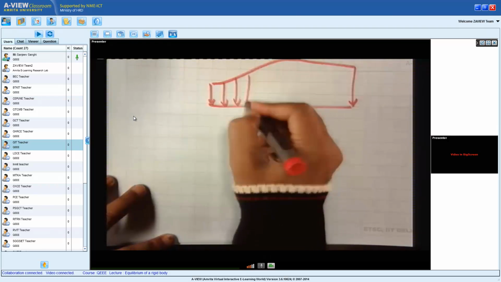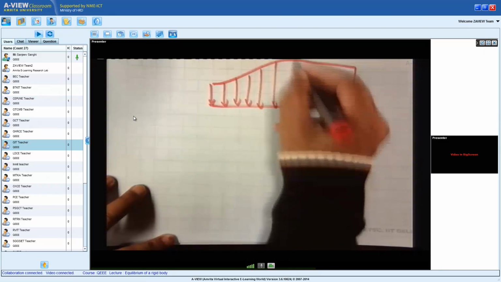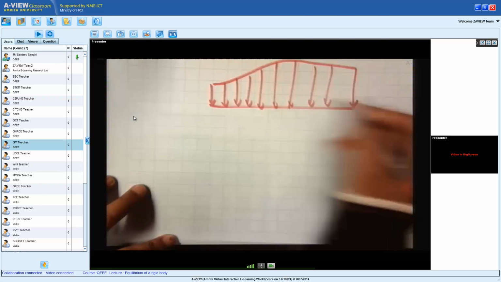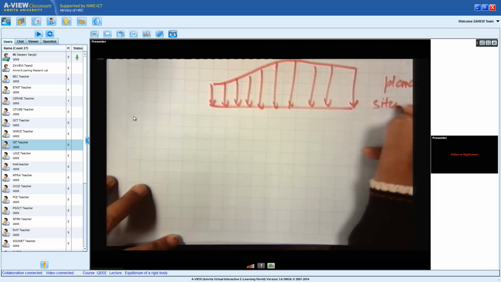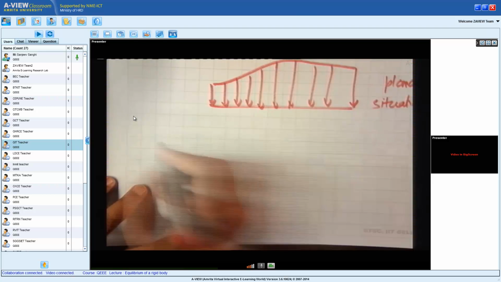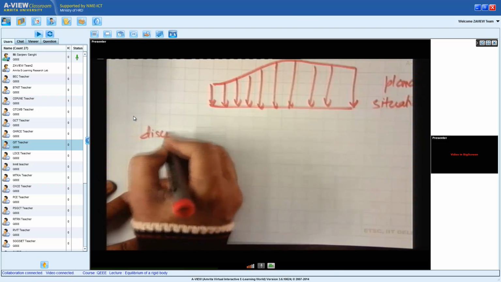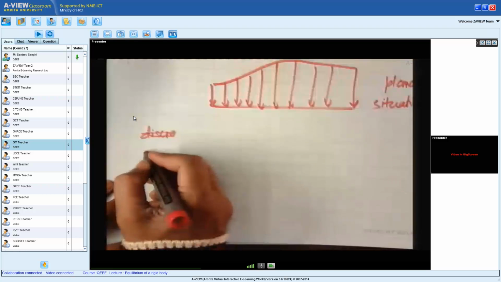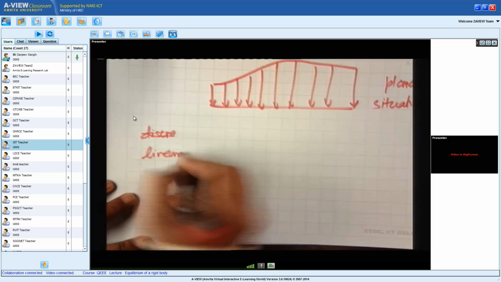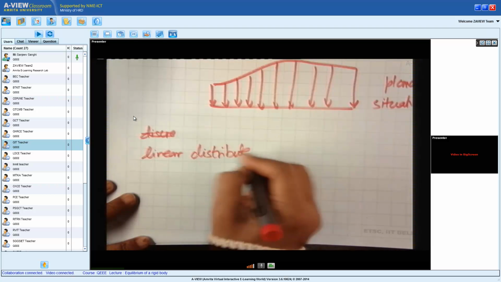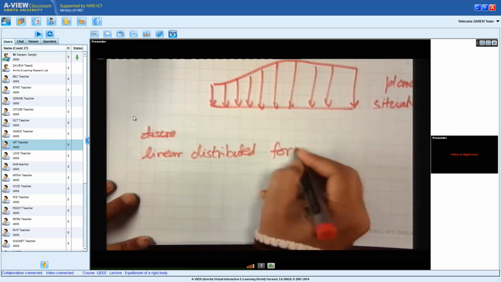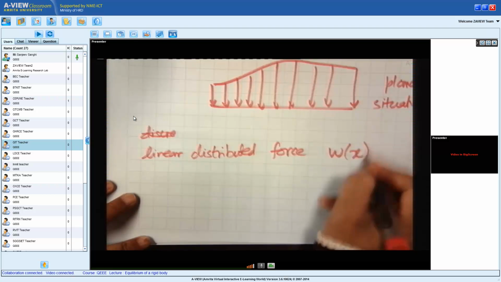We are talking of a planar situation, and we have a linear distributed force w of x.